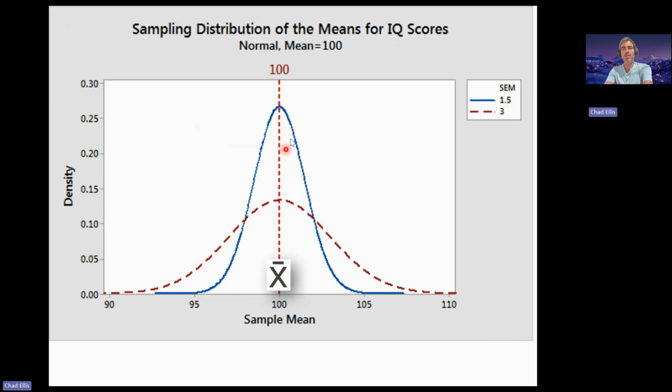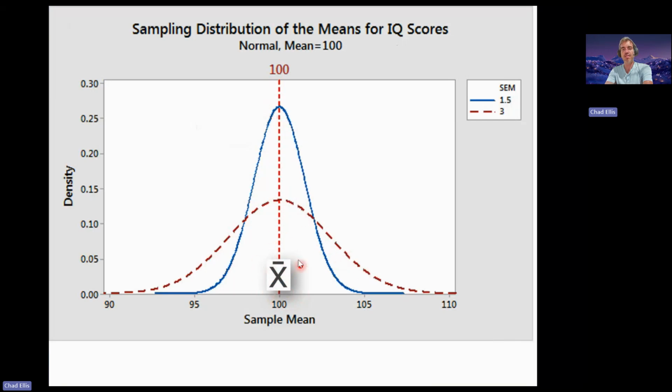So here's two sample means, X bars, both with a value of 100. But you can see that there are different errors or uncertainties associated with these two distributions. They're both 100, but the standard error of the mean for the blue sample is much less than the standard error of the mean for the red sample, right?